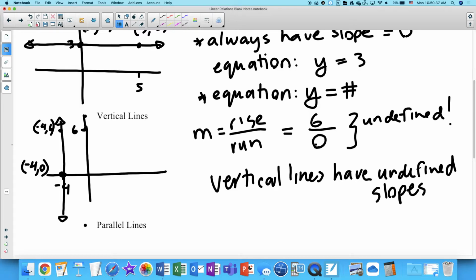By the way, does anyone know why a number divided by 0 is undefined? No? Anyone? We were taught this last year, but my mind is just blank. Okay, so you're taught it.